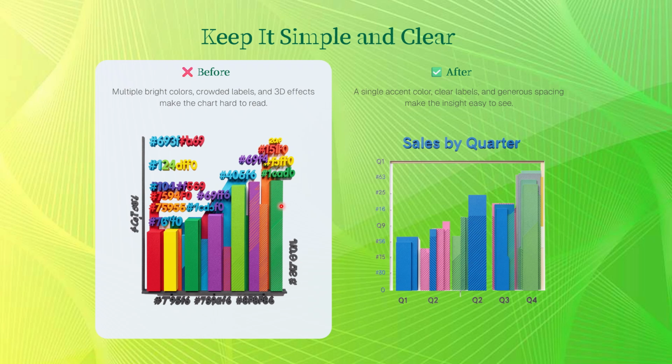So here, two bar charts are used. Before, multiple bright colors, crowded labels, and 3D effects make the chart hard to read. But in this chart, we use a single accent color, clear labels, and generous spacing. It makes the insight easy to see.